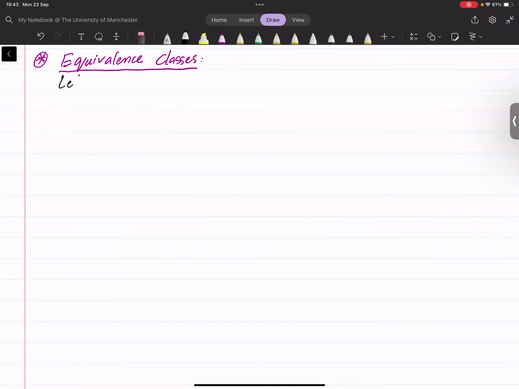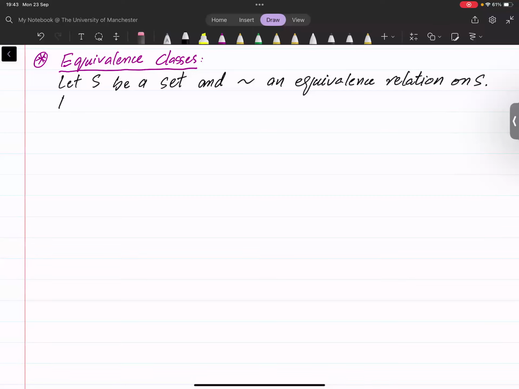So let's say we have a set, and we have an equivalence relation on the set S. Now for an element a inside the set S, we define the class of a to be the subset of S which contains the elements s such that s is an element of S and s is related to a.